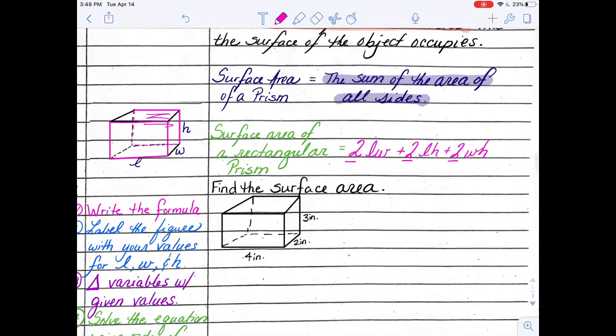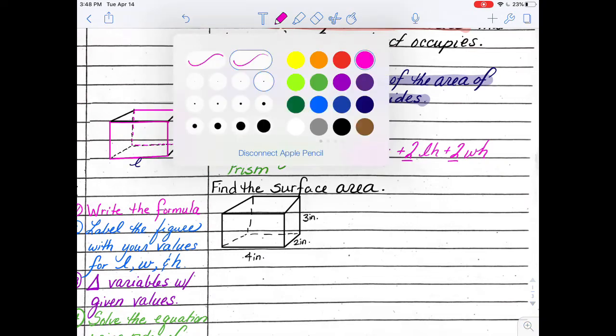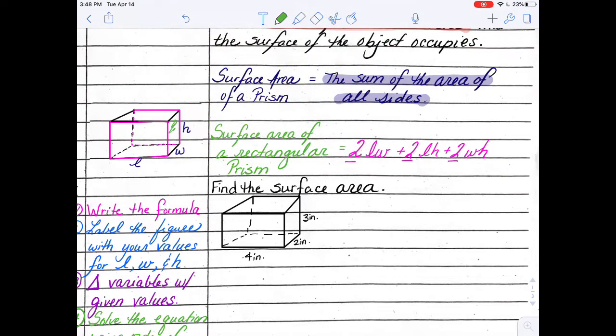They're the exact same size, exact same shape. Then you have the left and the right, and the left and the right are the exact same shape, the exact same size. And then, of course, you've got the top and you've got the bottom base. And they're the exact same shape, the exact same size.